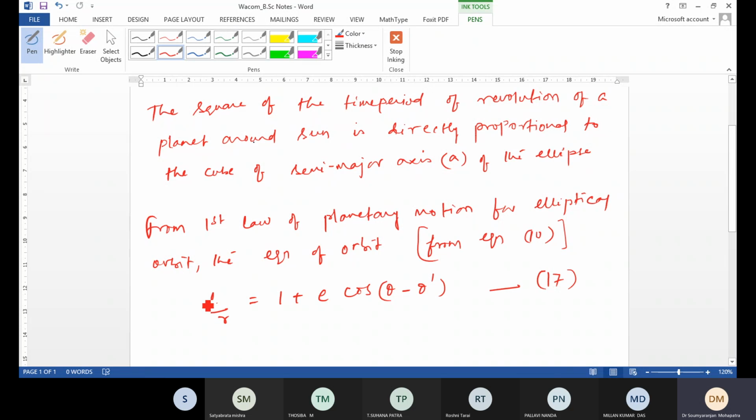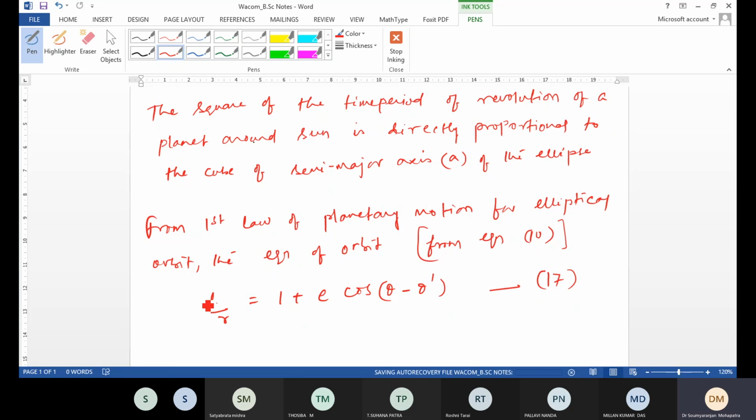I've already explained what a latus rectum is: a line segment perpendicular to the axis through the focus whose end points lie on the curve. That latus rectum I have written in equation 10 as capital L square by mk.